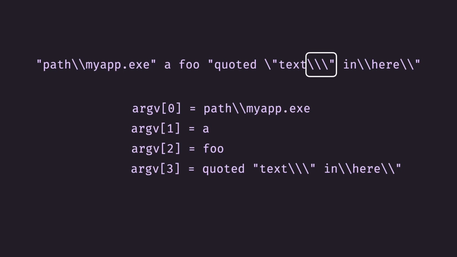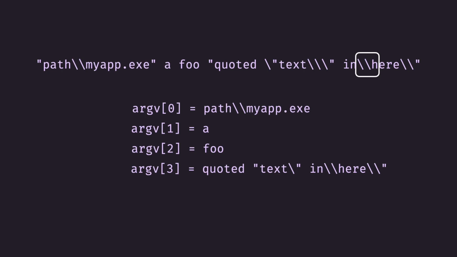Since it's uneven, there's a special rule in place where every pair of backslashes will be replaced by a single backslash, and the last remaining backslash with a quotation mark will be interpreted as an escaped quotation mark character. So what we end up with is actually just a single backslash and a quotation mark character. Now, any other number of backslashes that are not followed by a quotation mark will just be copied as is.